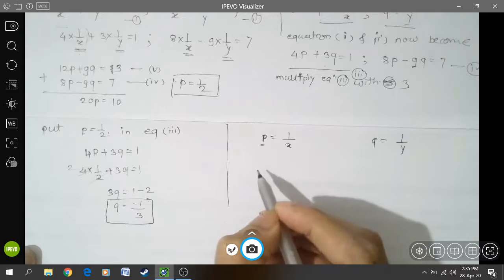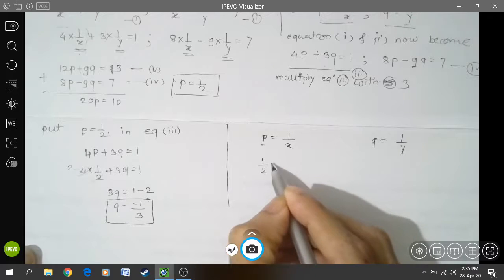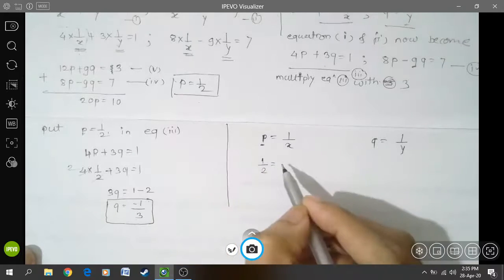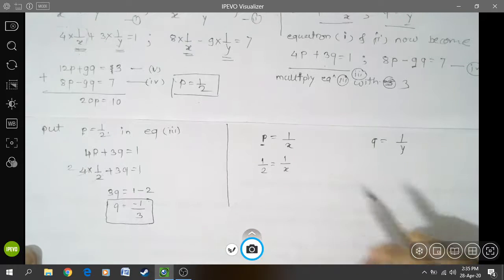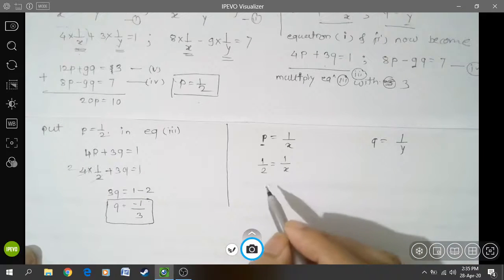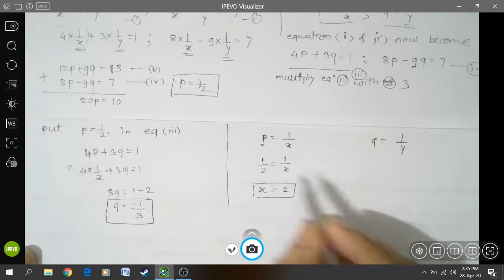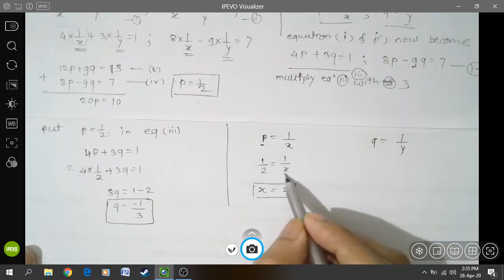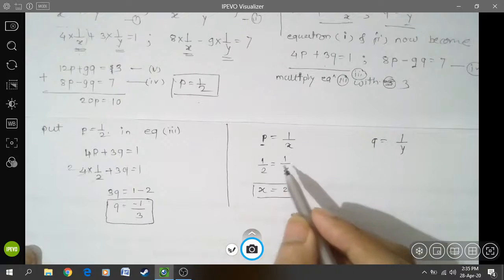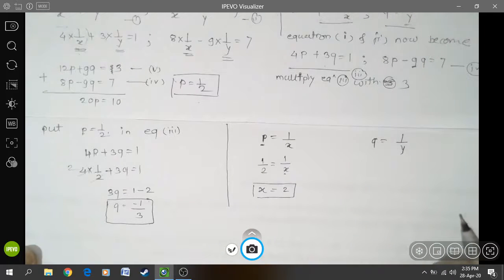So what is the value of p? p's value is 1 by 2 and is equal to 1 by x. So x is equal to 2, right? x is in the division here, so it will multiply on this side, and 2 will be multiplied by 1. x is equal to 2.